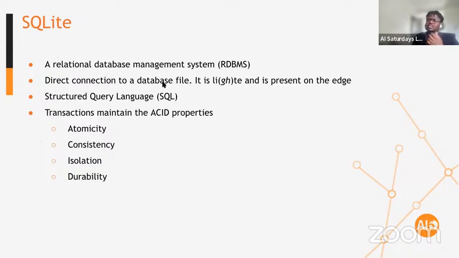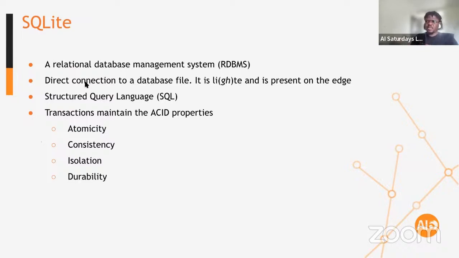Now, what is one of its unique features? I feel like this is its most unique feature and its strongest selling point. With SQLite, you don't need a connection to a server. When I was listing some examples of systems based on SQL, I mentioned SQL Server, MySQL, which also has a server, Postgres also has a server, Oracle also has a server.